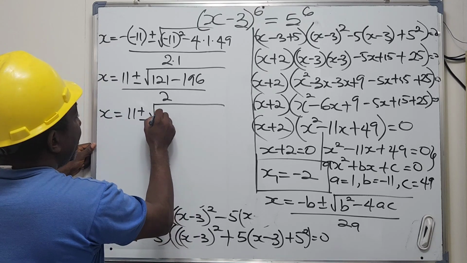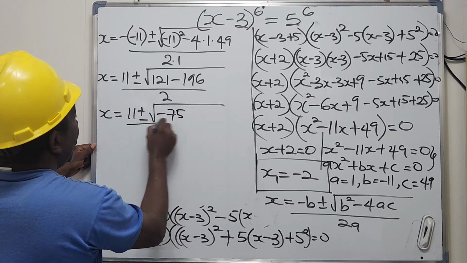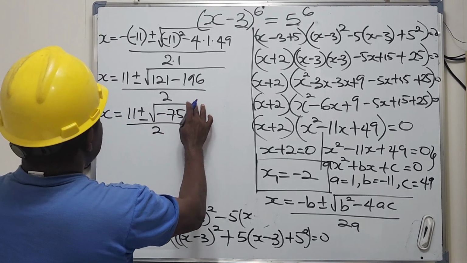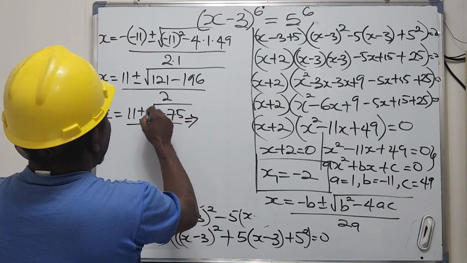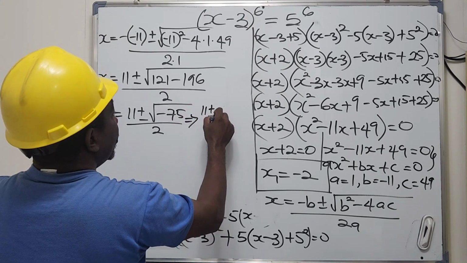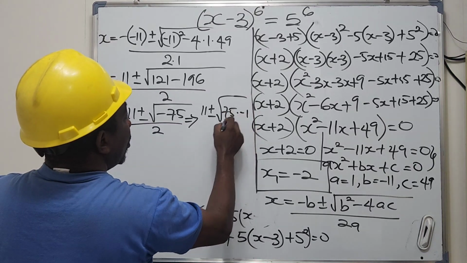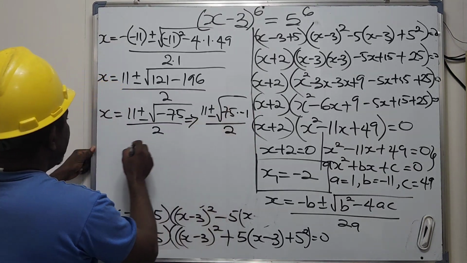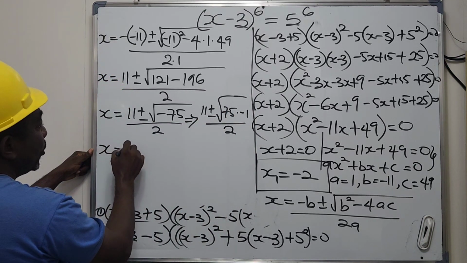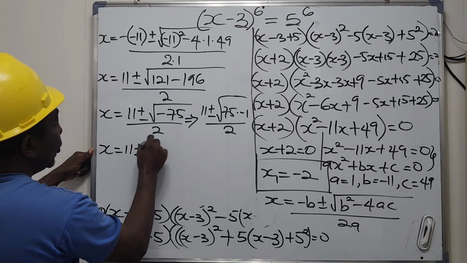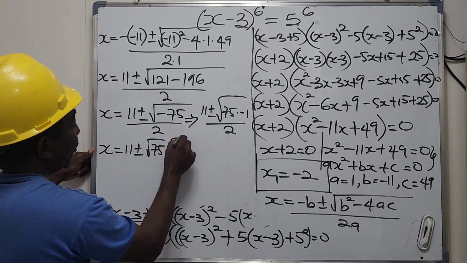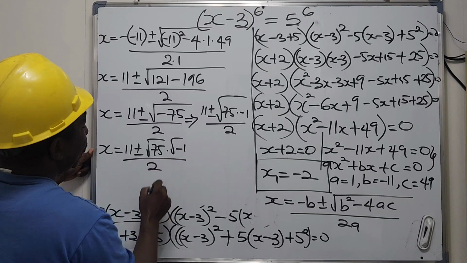This will become minus 75 all over 2. So this is the same thing as having 11 plus or minus square root of 75 times minus 1 all over 2. So this is the same thing as having x equals to 11 plus or minus square root of 75 times square root of minus 1 all over 2.